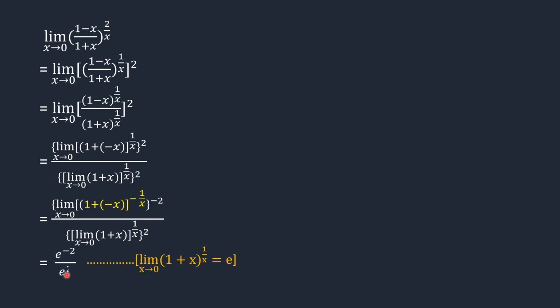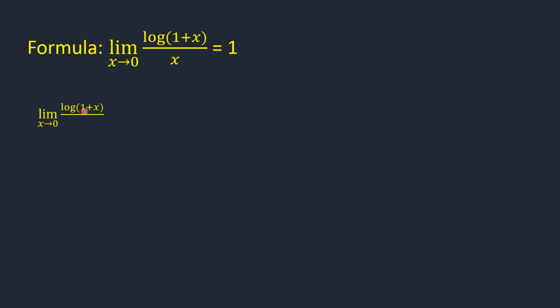So, our next step will be e to the power minus 2 and e square. Now, the final answer will be e to the power minus 4.